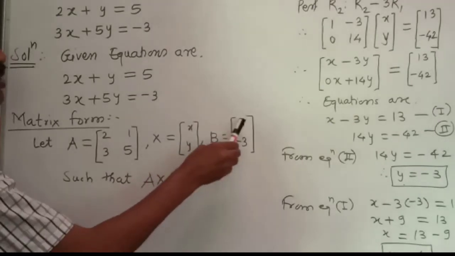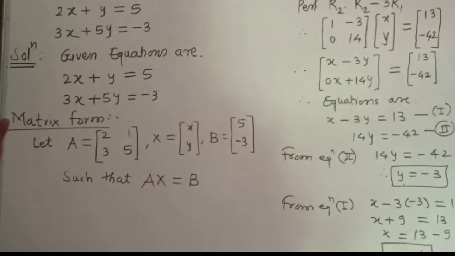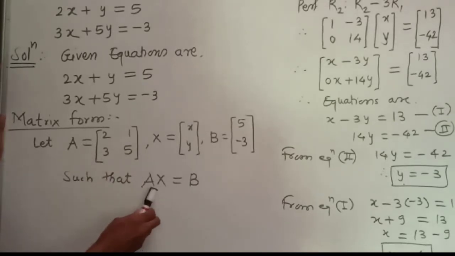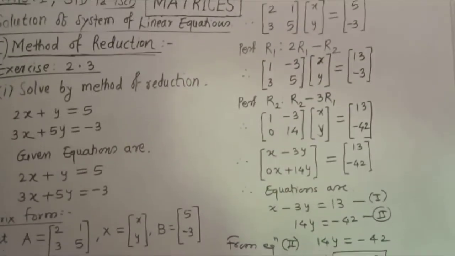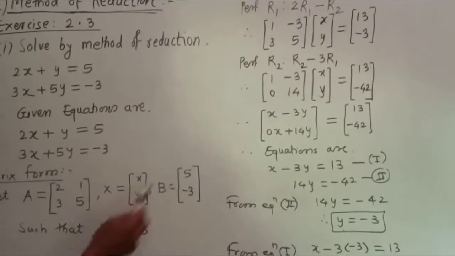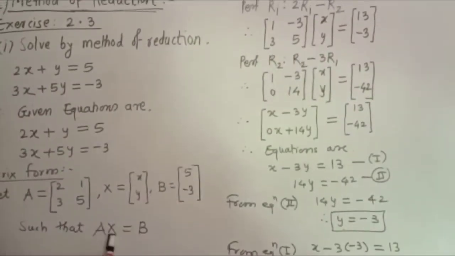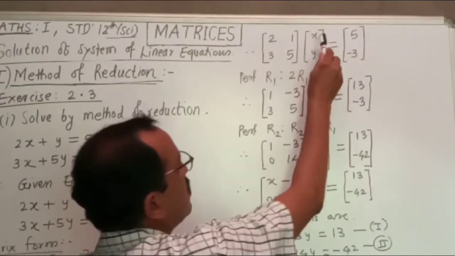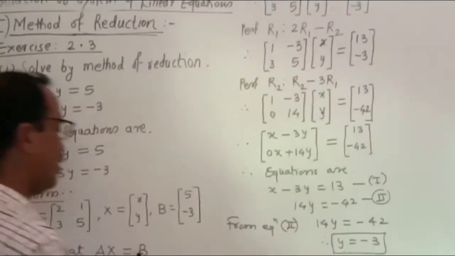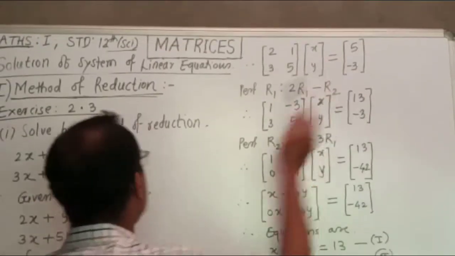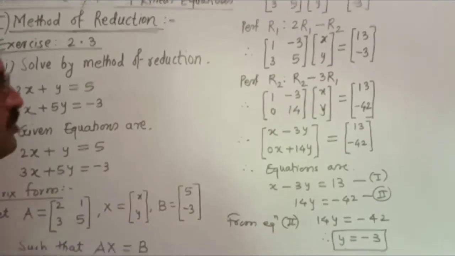And matrix B is equal to the column matrix 5, minus 3, such that the equation is AX is equal to B. Now we put the value of matrix A as 2, 1, 3, 5, matrix X as the column matrix x, y, is equal to matrix B, which is also a column matrix 5, minus 3.